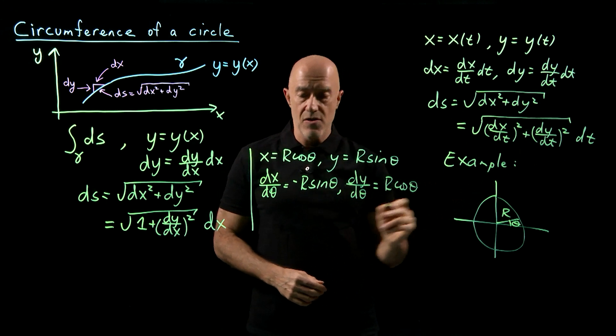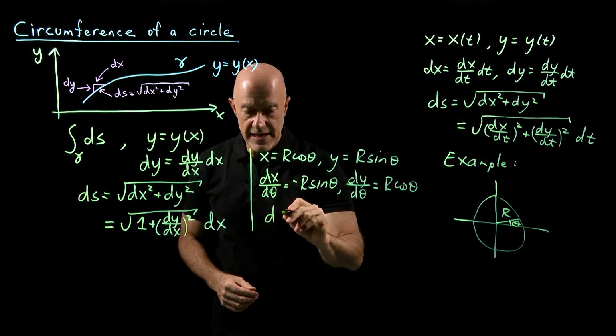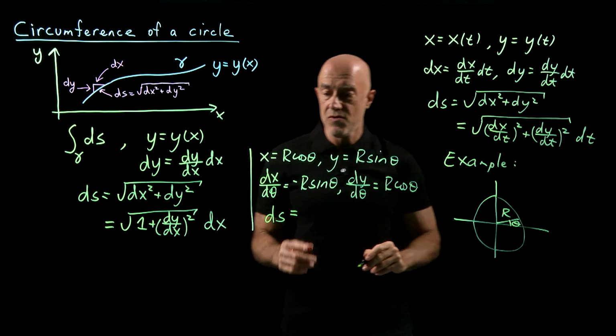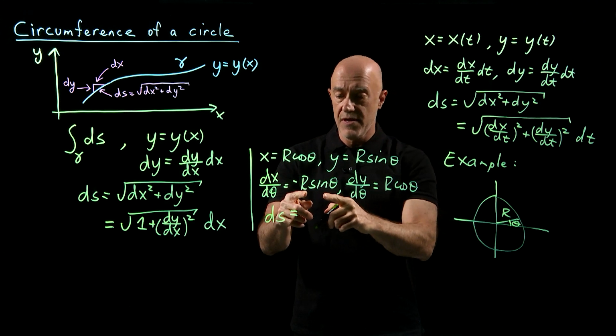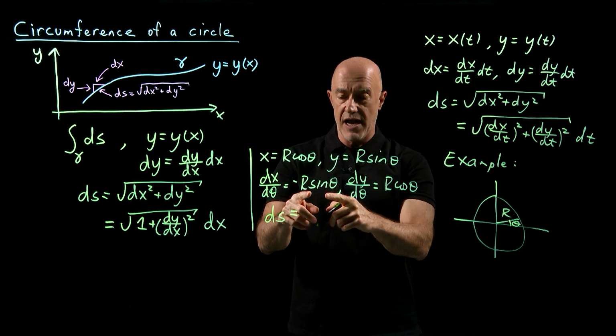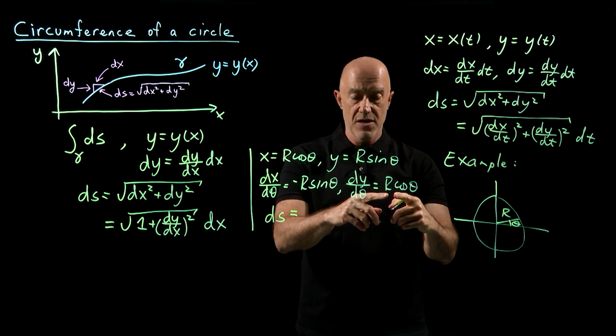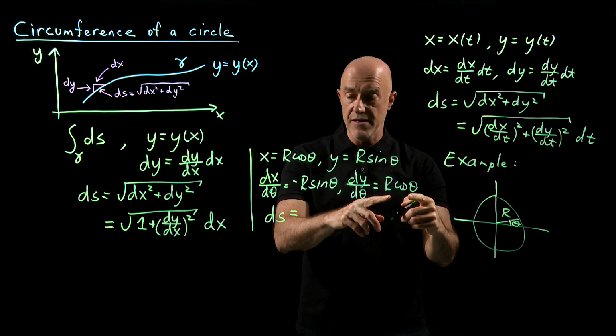So then we have our ds. Our ds here is equal to the square root of (minus r sine theta) squared plus (r cosine theta) squared.